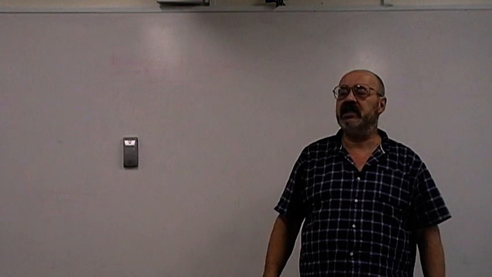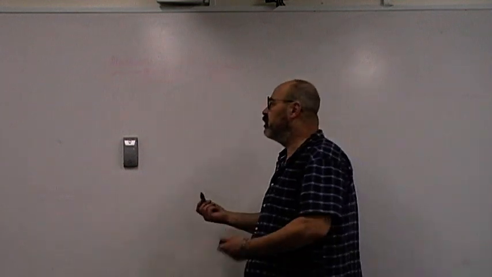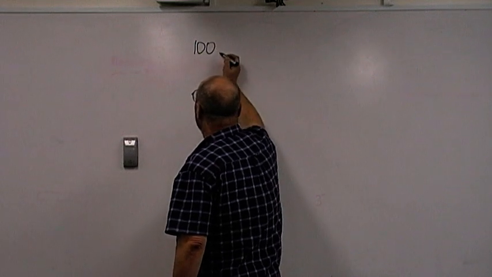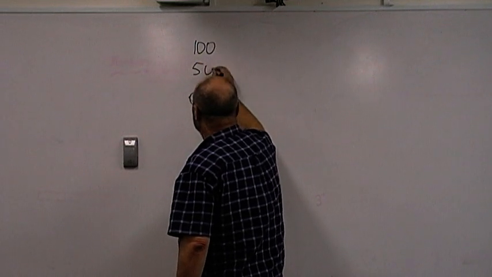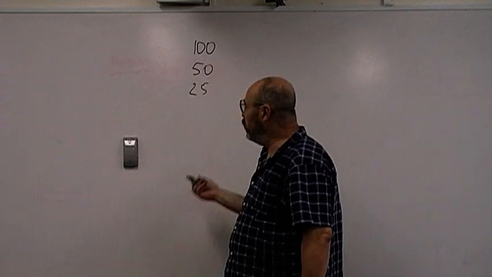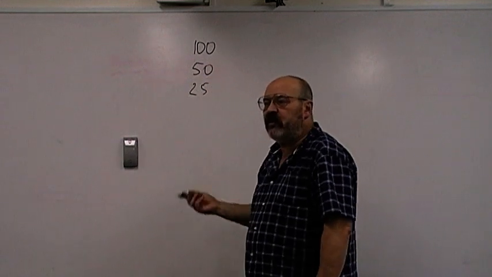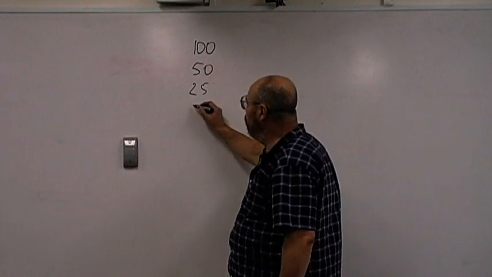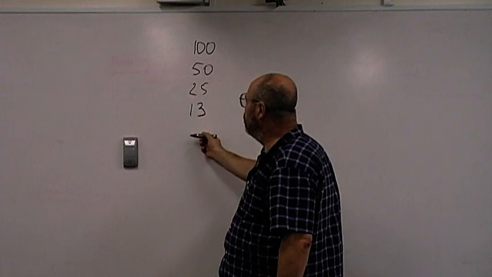So when we divide by 2, let's say we take 100, we divide by 2, 50, 25. Then divide by 2, we have either 12 or 13, because we cannot have 12 and a half atoms left. And let's say we have 13.